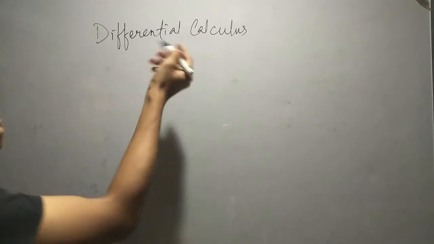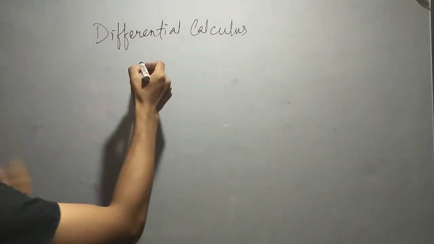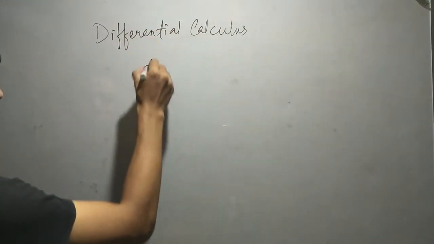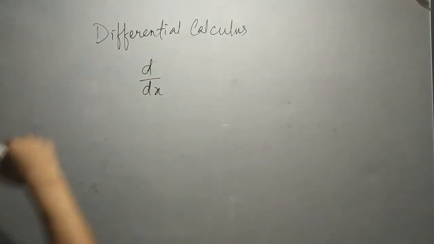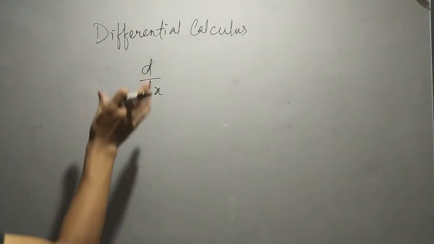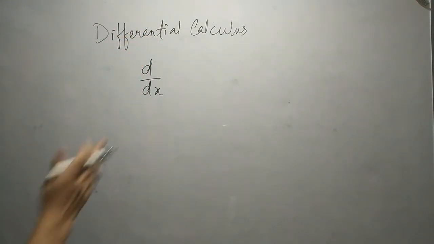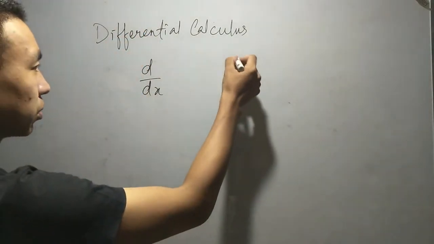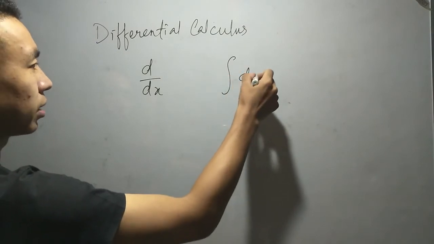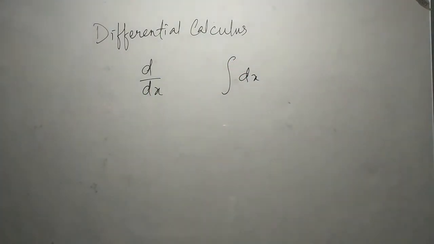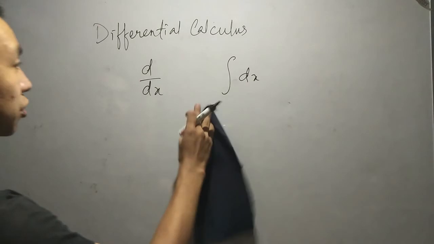We represent differential calculus in the form of d by dx. If it were integral calculus, we would represent it by the symbol integration of dx. This one we shall learn later on.